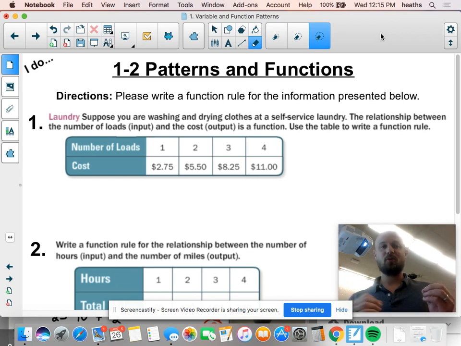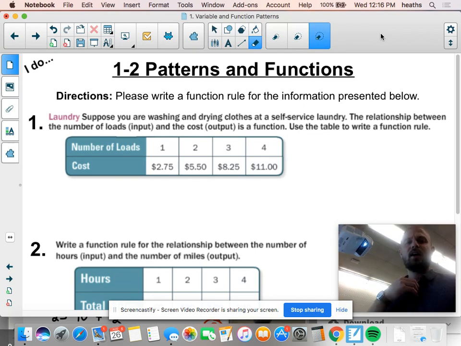Maybe 1 week I worked 12, and then the next week I worked 35. Your X value is going to change, but your Y value is going to be completely dependent on whatever you plug in for your X. So we're going to do a lot of problems very similar to that, and we need to write our own function rules by looking at these 3 charts.